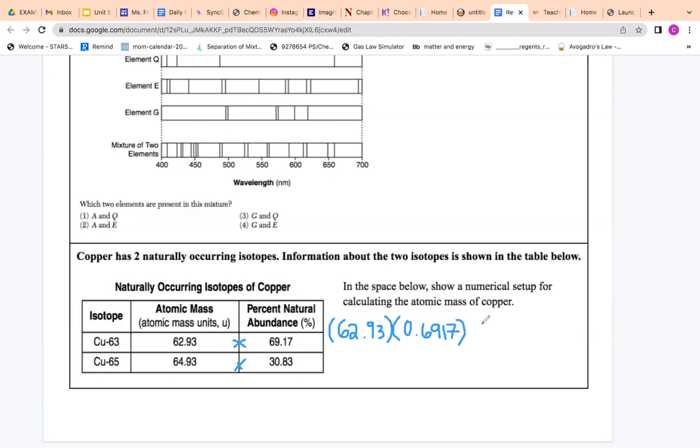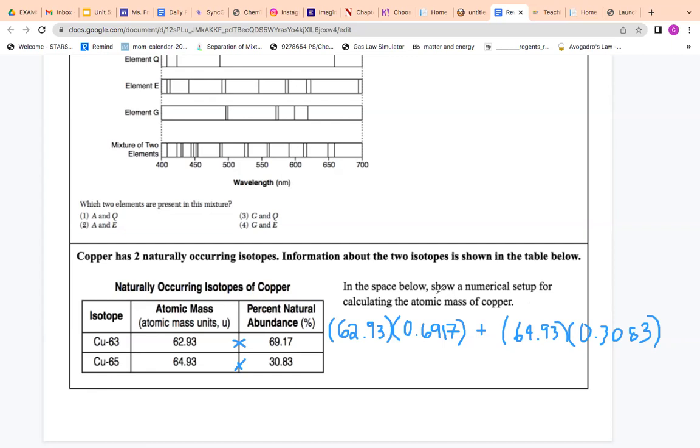And then this is going to be added to these two things multiplied. So for copper 65, the mass 64.93 times its natural abundance. Again, make sure that you change that percentage into a decimal. So 0.3, that does not look like a 3, but pretend that it does. 0.3083. And this is it.